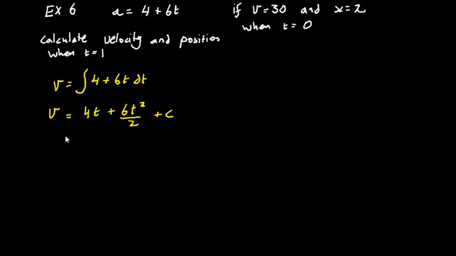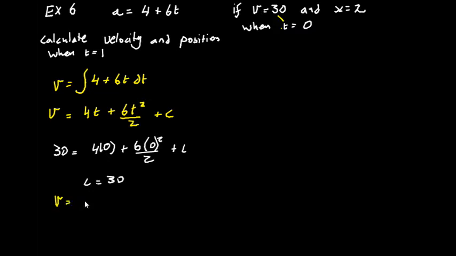So using these two pieces of information here, well, we can only use this one here at the moment. So v is equal to 30 and t is equal to 0. So we have 30 equal to 4 times 0 plus 6 times 0 squared over 2 plus c. So c is equal to 30.